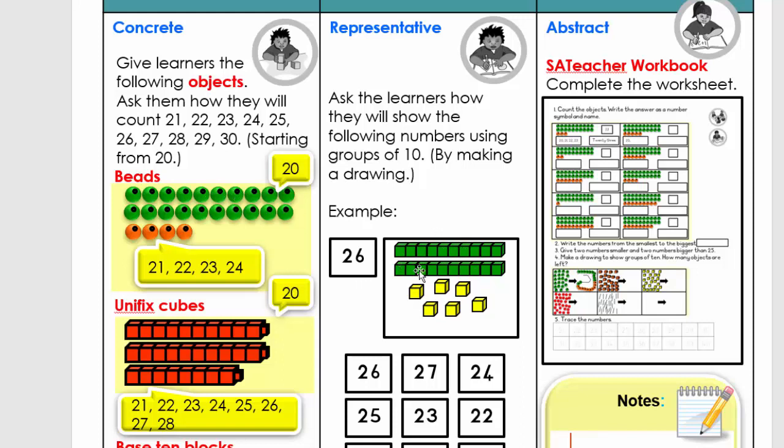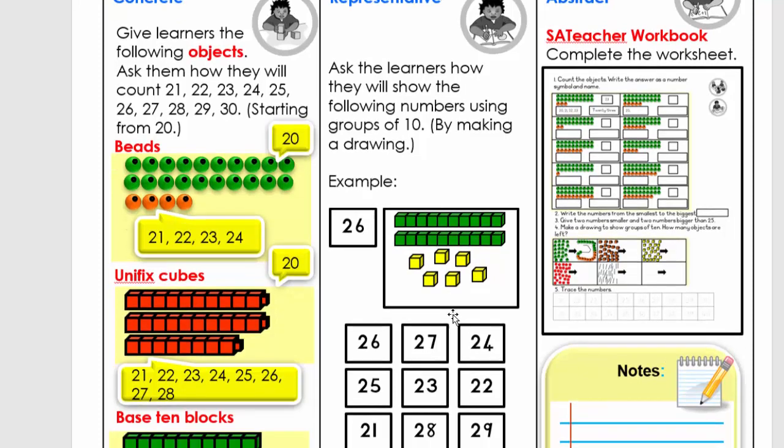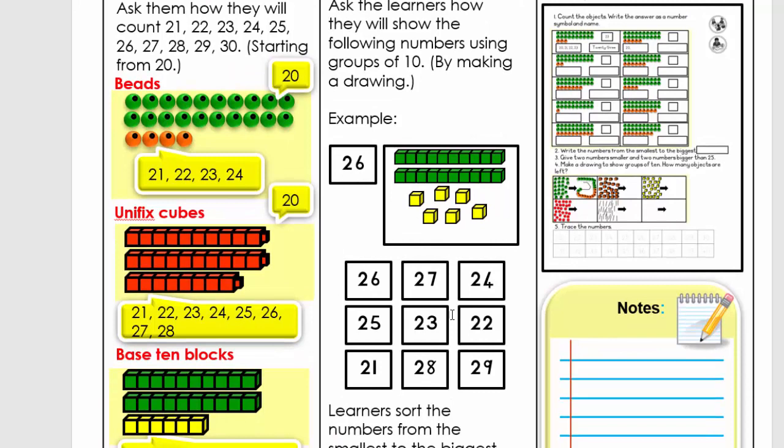Then here again, if they're still struggling, make use of our pictures on our worksheets. Let them say 10, 20, count the individual counters, and then say 26. They can also make drawings of this. Now, when they make drawings of this, we're not going to let them draw a rod with 10 little blocks. What they can simply do is, let me quickly get my tools so I can help you.